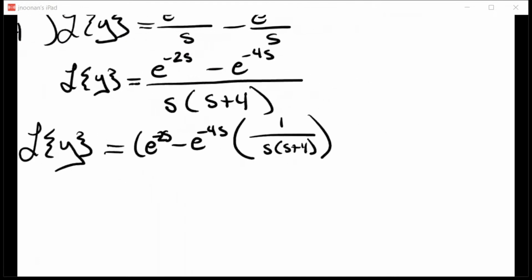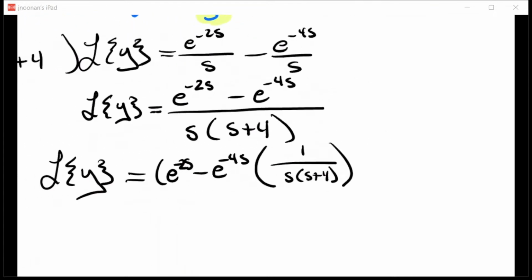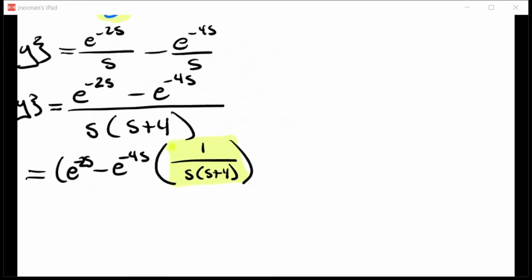Some of you can probably sense what is coming: we have to deal with this using partial fractions. It's not bad.